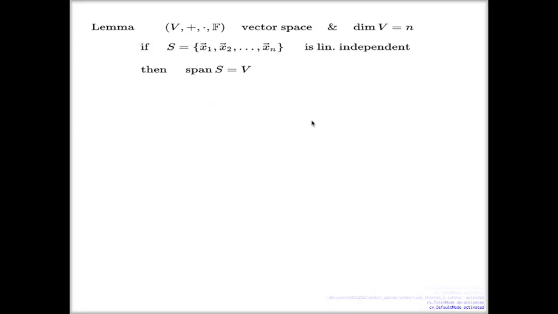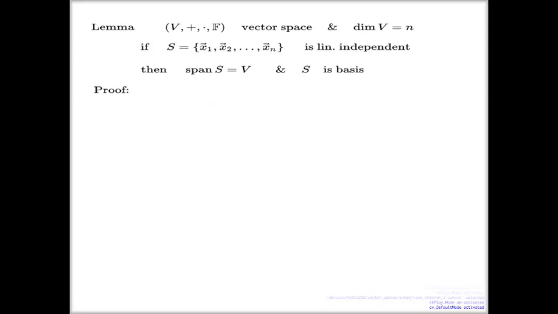This one, on the other hand, tells you that if you have a linearly independent set which is as big as the dimension, it will be spanning at the same time, and hence we can call it a basis. Hence I can call it a basis because a basis, by definition, is a set which is spanning and linearly independent at the same time.